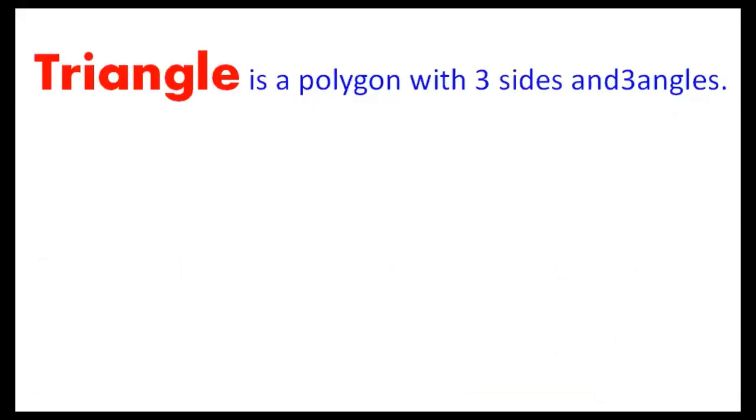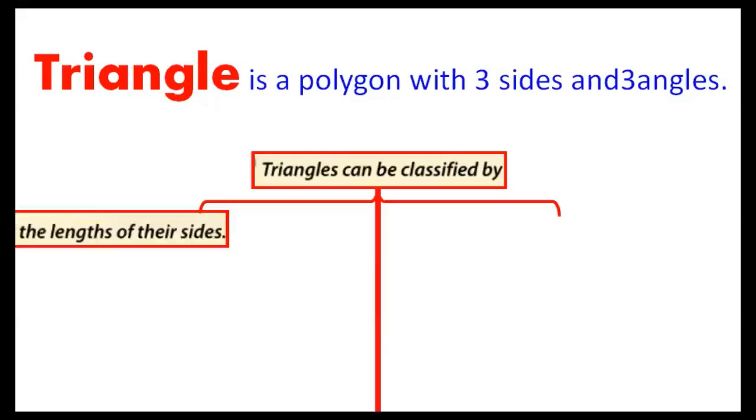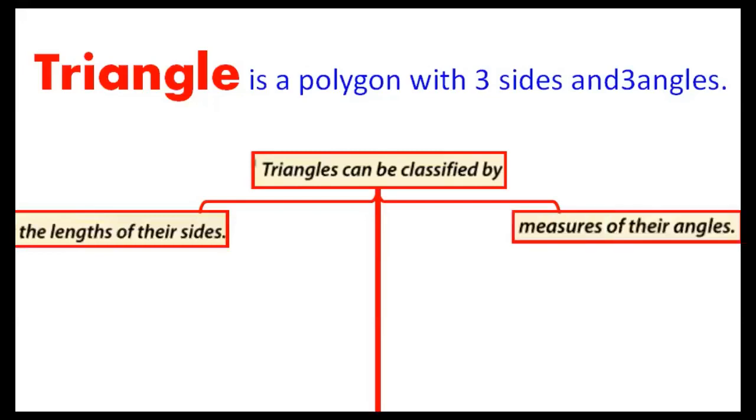As we said, we are going to revise the triangle and how to classify triangles. A triangle is a polygon with 3 sides and 3 angles. Triangles can be classified by 2 types: the length of their sides and the measure of their angles.